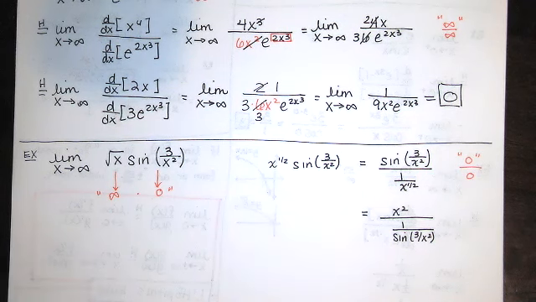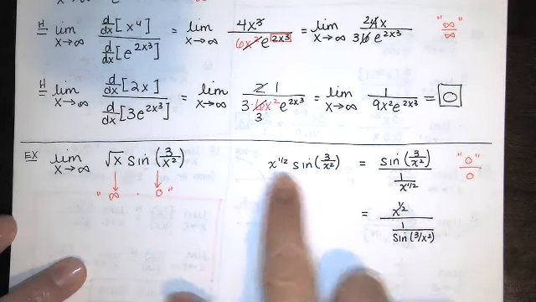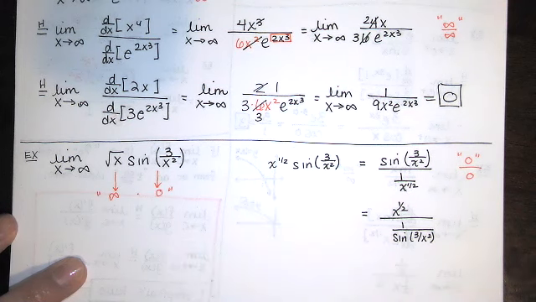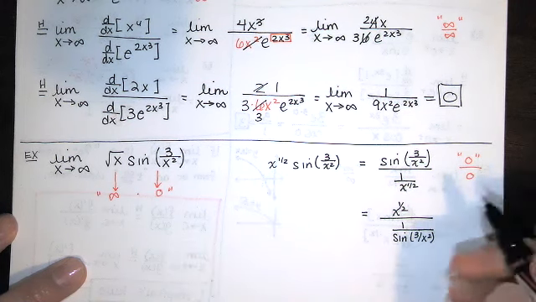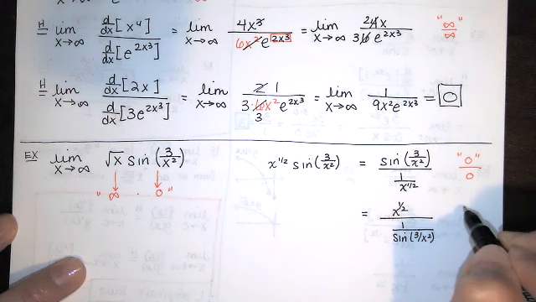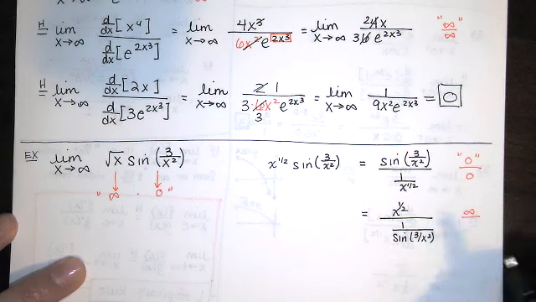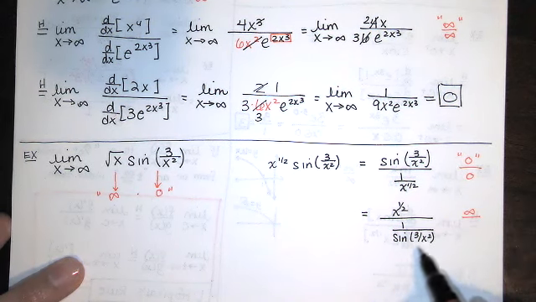And I wrote a 1/2 or a 2 there. That should be a 1/2 power. Now the other option is to leave the x to the 1/2 in the numerator and then divide by 1 over this function. As x goes to infinity, this goes to infinity. And this is approaching 0.